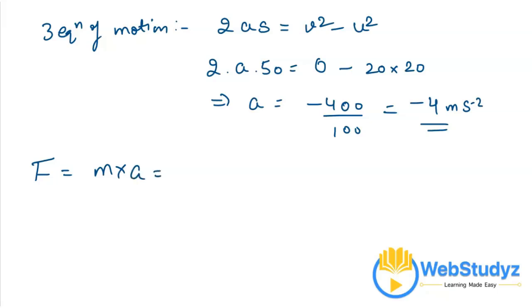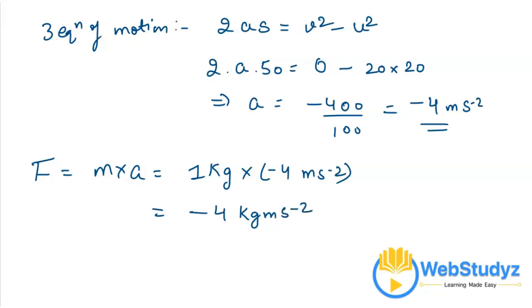The mass is given as 1 kg and the acceleration is negative, that is minus 4 meters per second square. So the answer becomes minus 4 kg meters per second square, and kg meters per second square is equivalent to Newton. So the answer becomes minus 4 Newton.